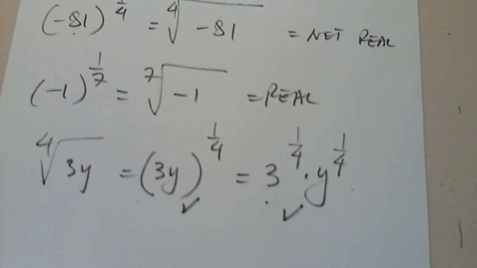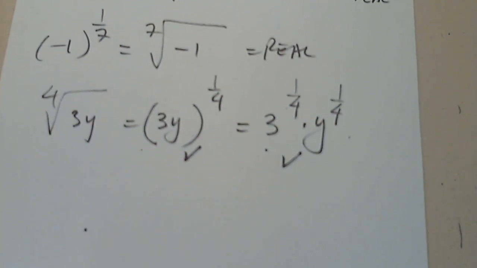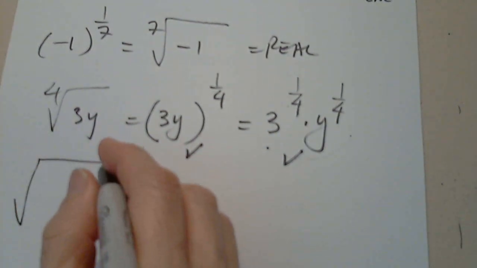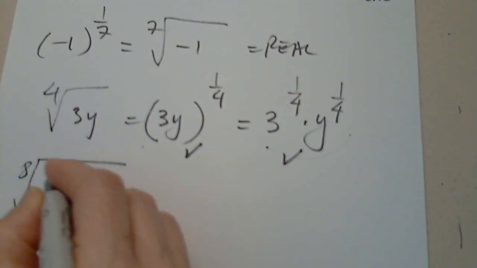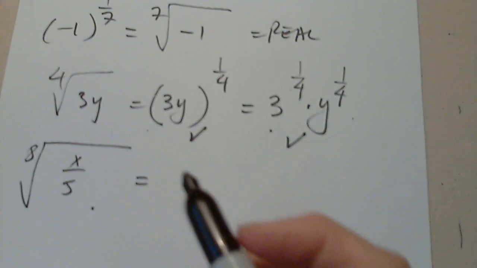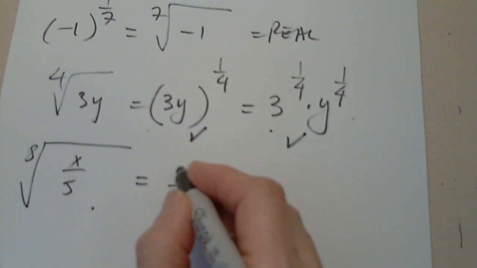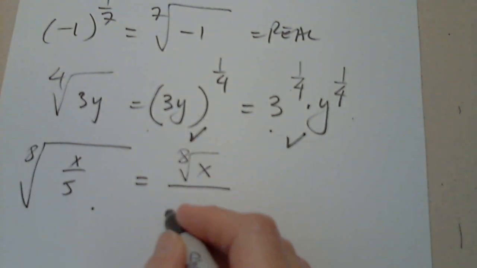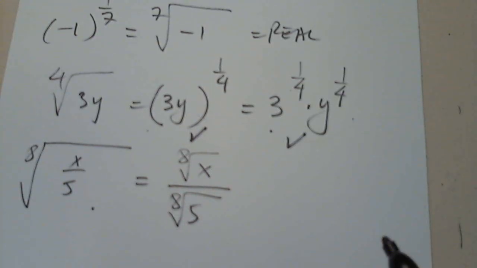Rewrite the following radical with a rational exponent. So the 8th root, see, it's way up there and it's much closer to the radical symbol. Okay, so I will rewrite it first as the 8th root of x over the 8th root of 5.